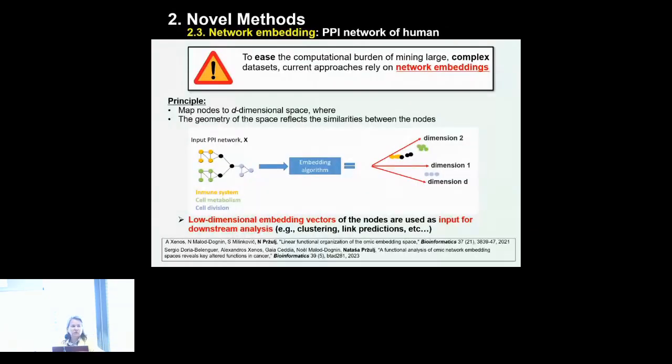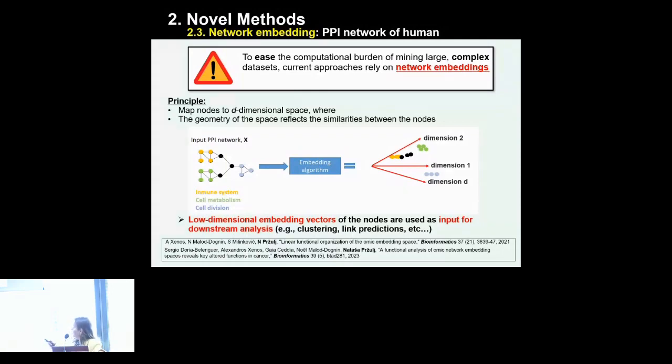We want to ease the computational burden of mining these large, complex data. And more and more we hear about network embedding methods. So what we want to do is map our 20,000 genes or proteins into something much smaller dimensional, d-dimensional.